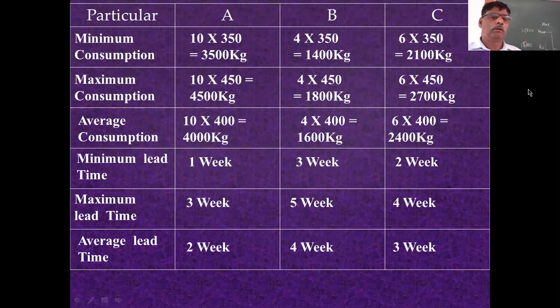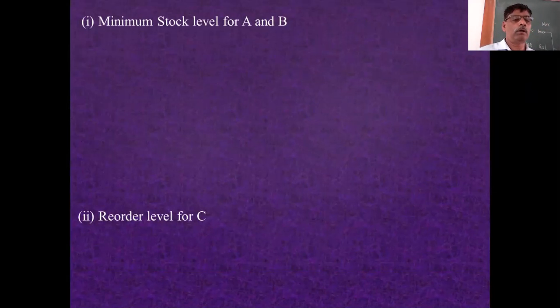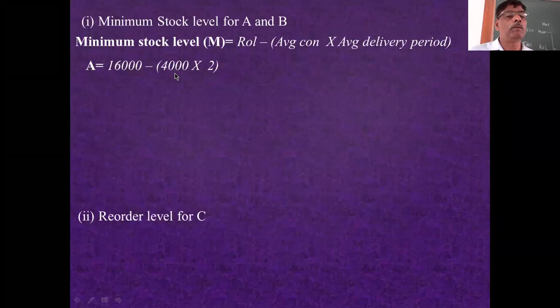In this way, you calculate the requirements, then you write the equation. Minimum stock level for A and B. First, you write the equation. Minimum stock level equation is ROL minus average consumption into average delivery period. This is the equation. For material A: 10,000 is the ROL minus average consumption 4,000 into 2.